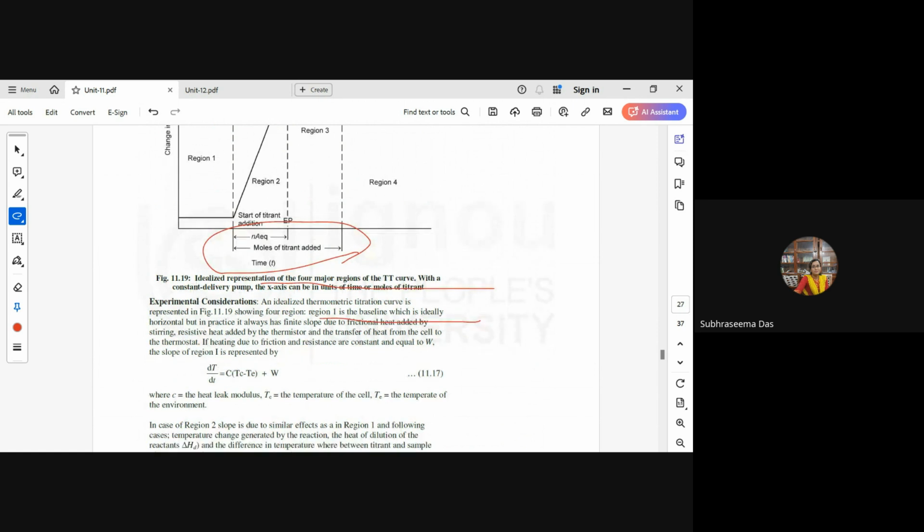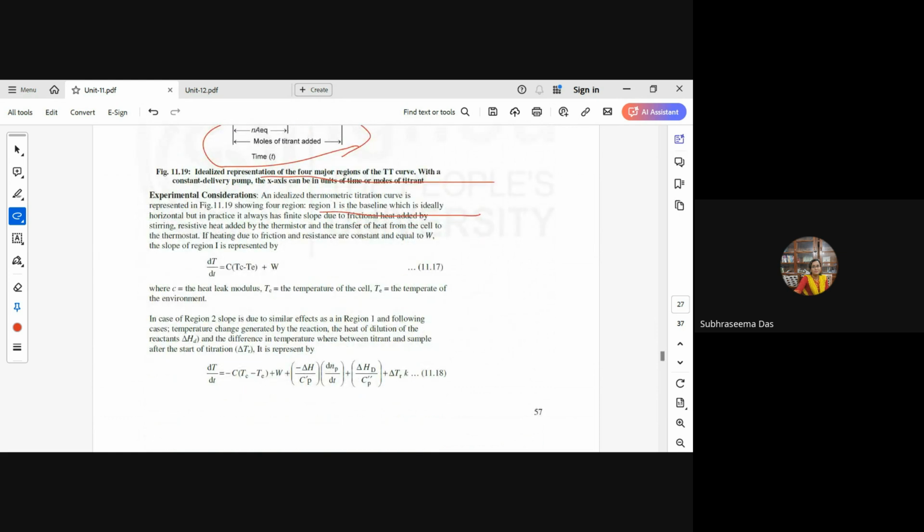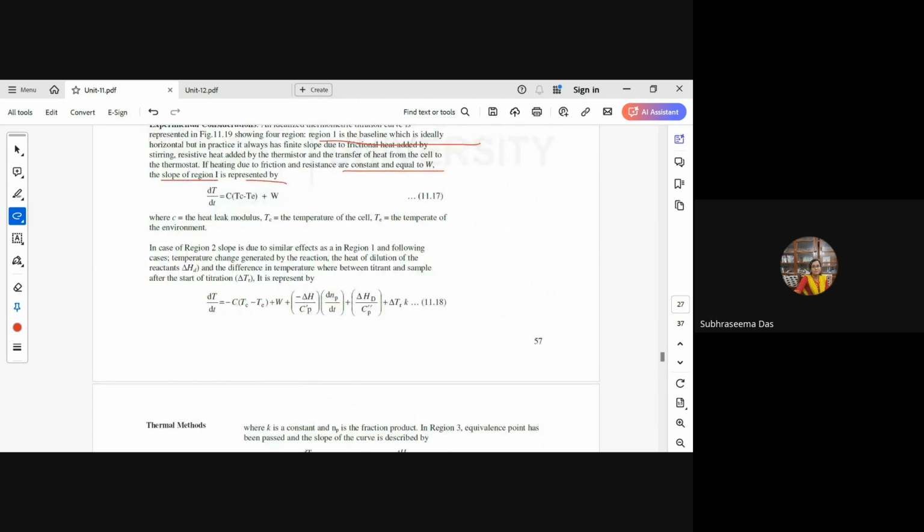If heat arising due to friction and resistance is constant and equal to W, then the slope of region 1 is represented as dT/dt = C(Tc - Te) + W, where C is the heat leak modulus, Tc represents the cell temperature, and Te represents the outer environment temperature.